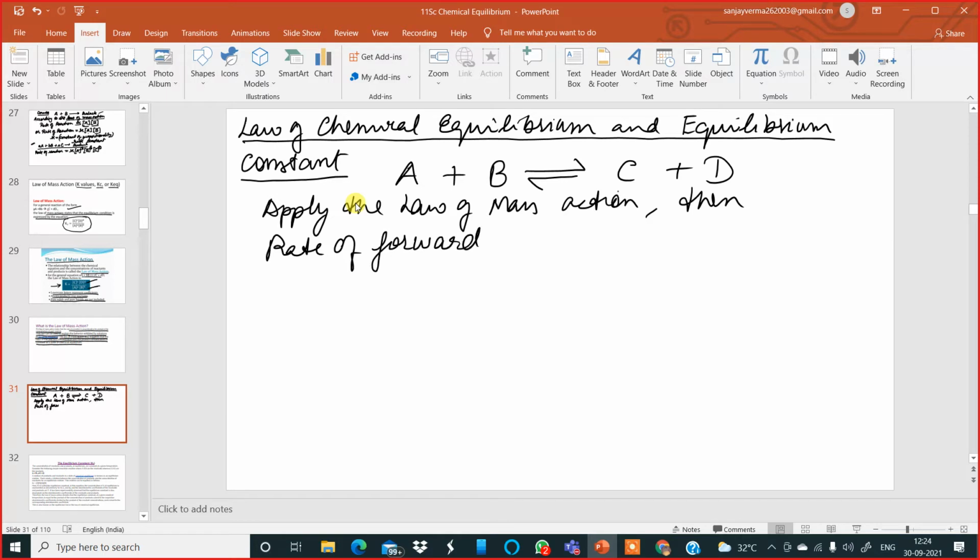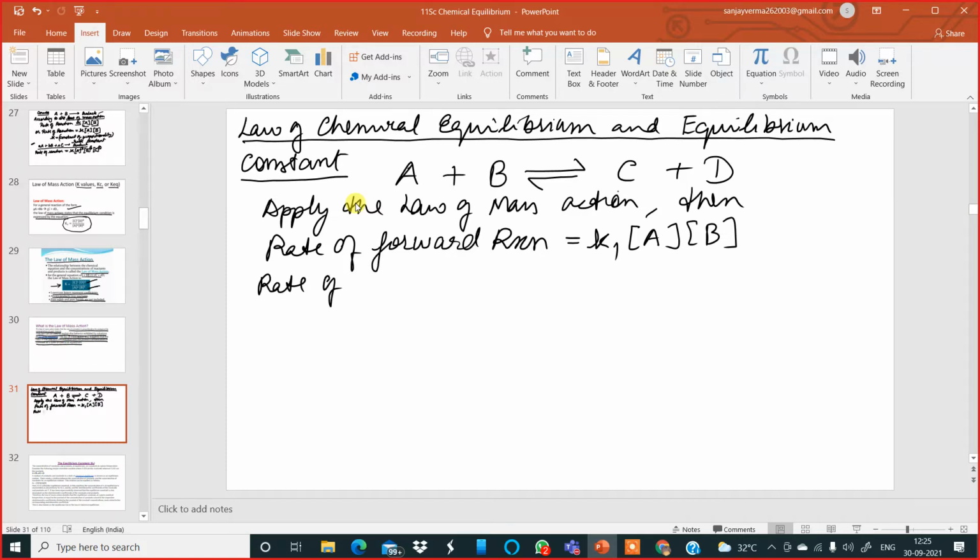Rate of forward reaction will be equal to, let us say the rate constant for the forward reaction is k1, small k1. It becomes concentration of A into concentration of B. Try to understand this. I'm not using the proportionality sign. I'm directly using the equal to sign and introducing a constant over here, k1, which is the rate constant for the forward reaction.